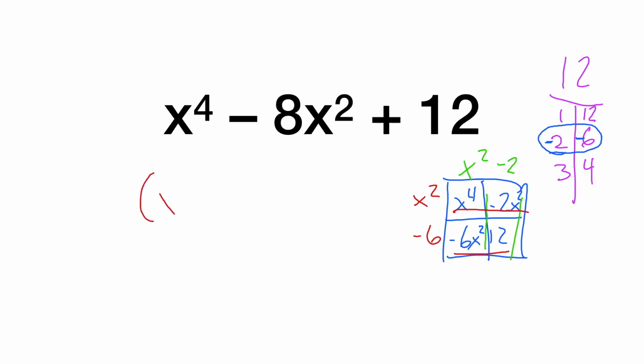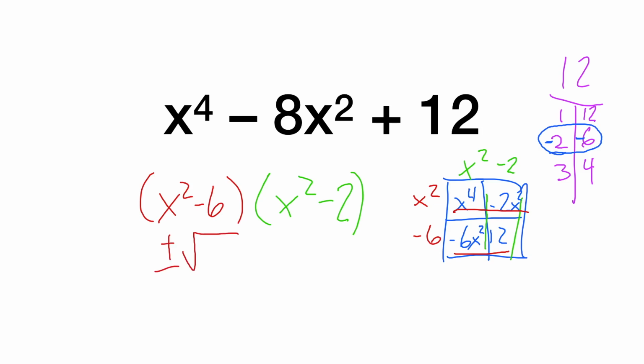So our final factored version would be x squared minus 6 times x squared minus 2, which, by the way, means the way that we have been simply factoring out these quadratic equations whenever the leading coefficient is 1 also works on these specific types of quartic equations. So x squared minus 6 and x squared minus 2. So in both of these, unfortunately, it ends up being plus or minus the square root of 6 and plus or minus the square root of 2 when we use difference of squares.